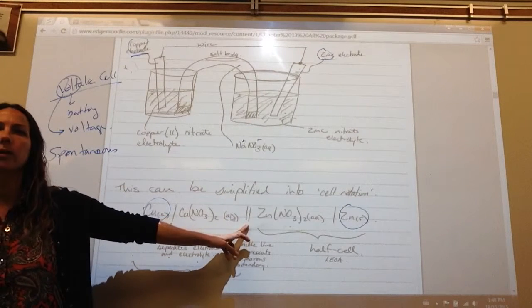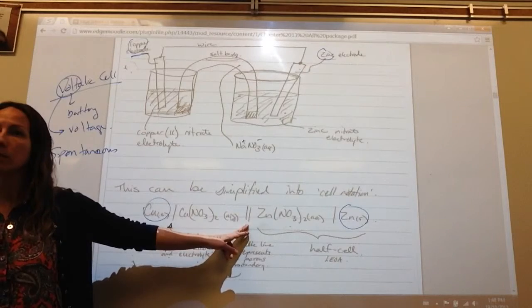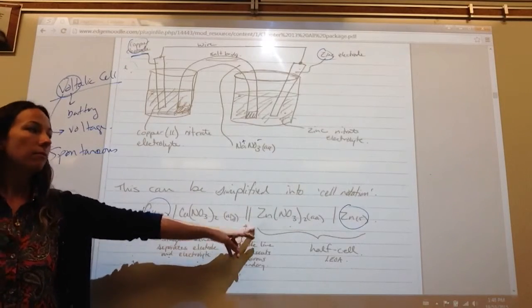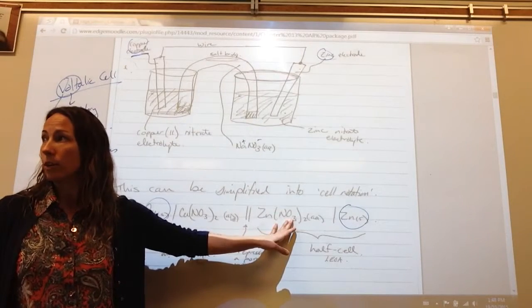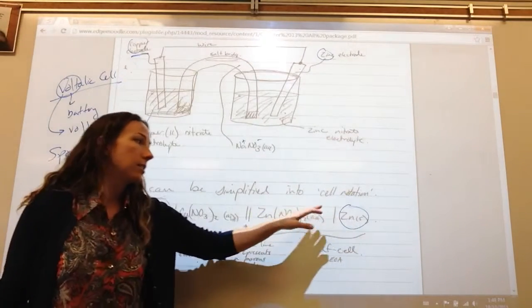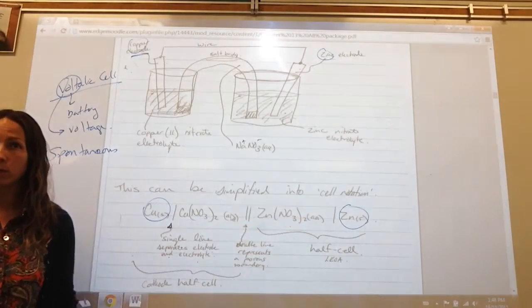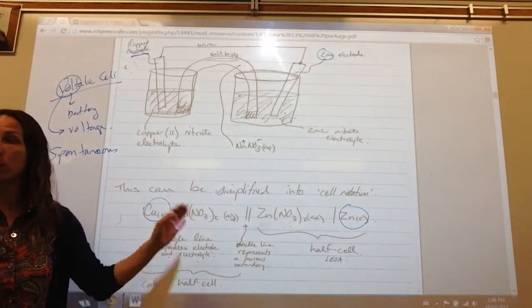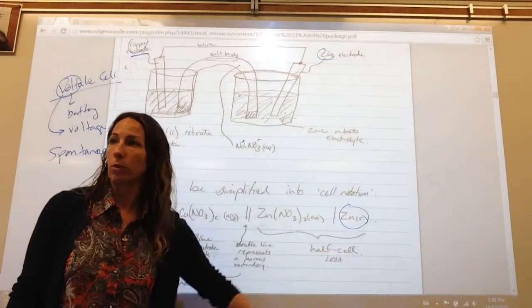So a salt bridge or the porous cup, they're separated. And then I've got this solution in a beaker and this stick is stuck into that solution. Everybody get cell notation? And it has to be in this order. Electrode, electrolyte, double line, electrolyte, electrode.